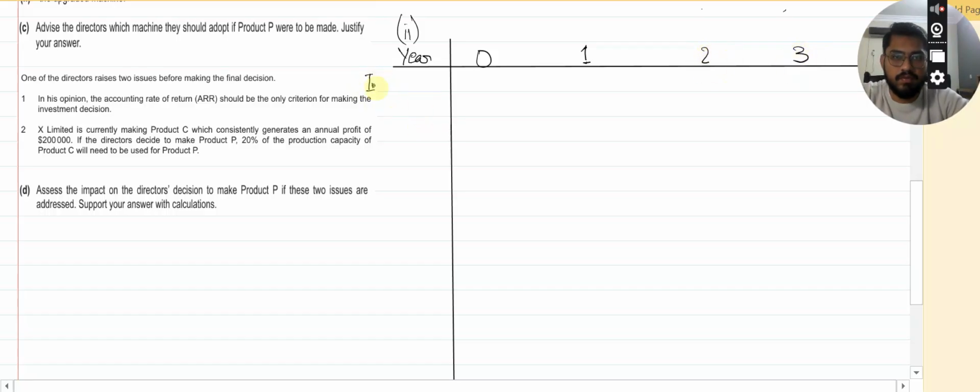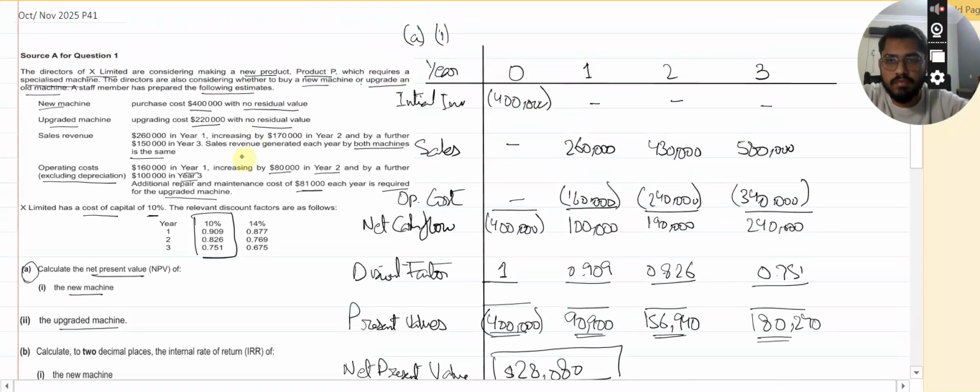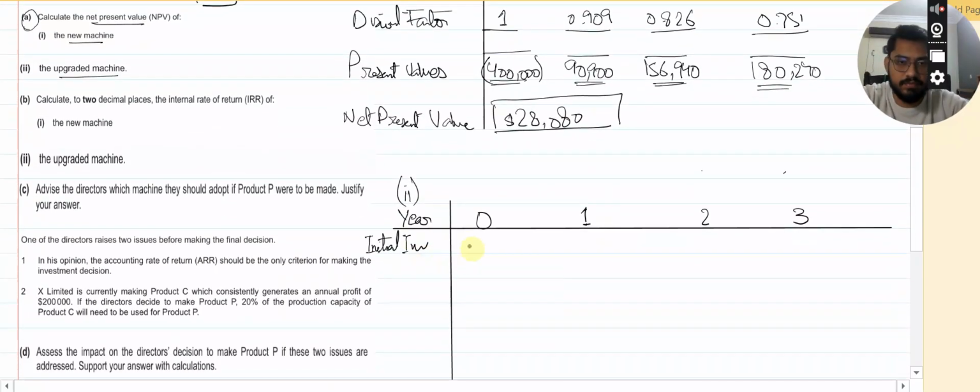Again, we will write down the initial investment over here, which in case of upgraded machine was $220,000. So let's note that first. This is $220,000.